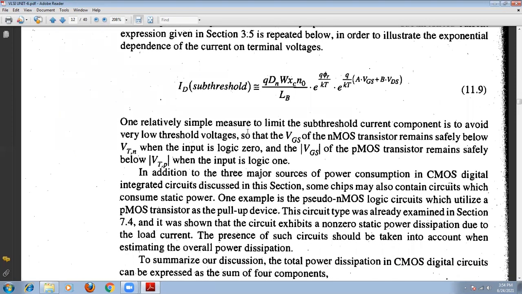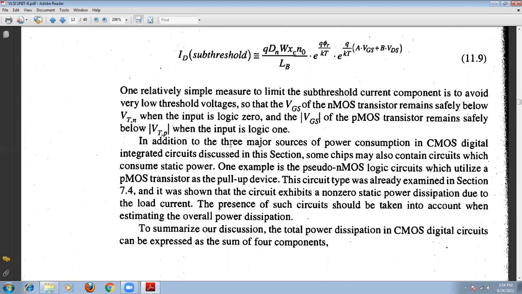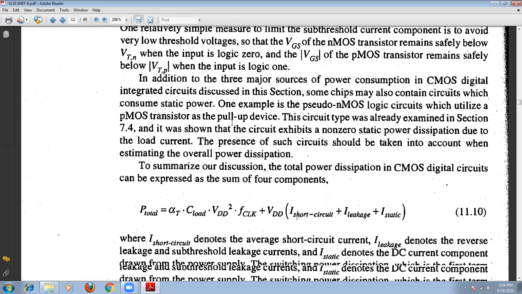Already we discussed initially: the switching power dissipation, the short circuit power dissipation, and the leakage power dissipation depending upon the sub-threshold, and also the leakage, that is the reverse saturation current. All these components hold good in this case.